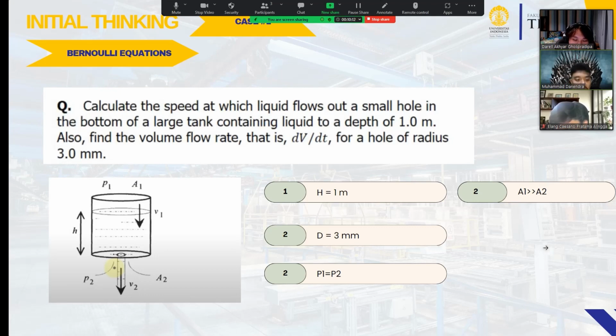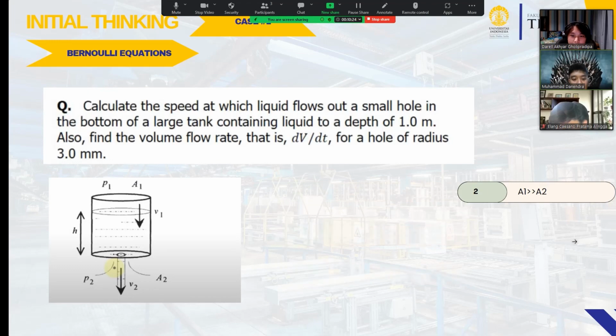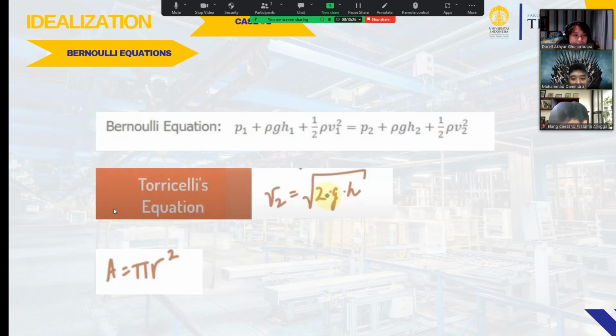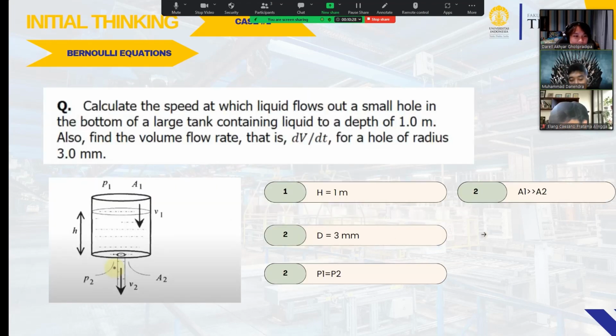Also, we know that the pressure is the same, so just the outlet is different. From here we will know the velocity and the flow rate. Because the outlet is only 3 millimeters while the inlet is bigger, the reference area is much bigger at the inlet than at the outlet.